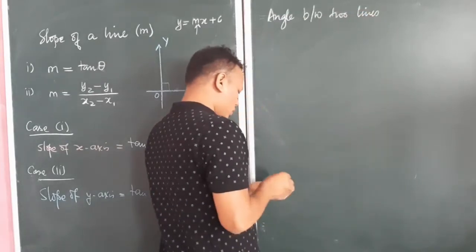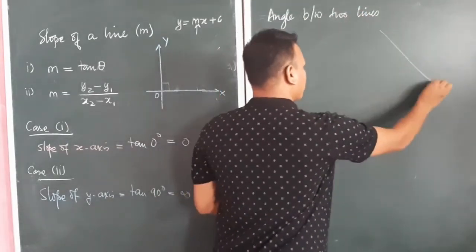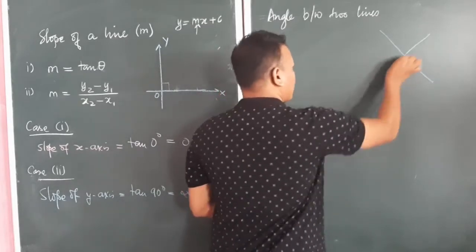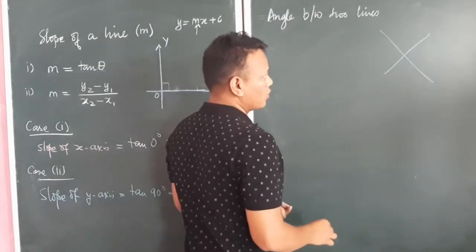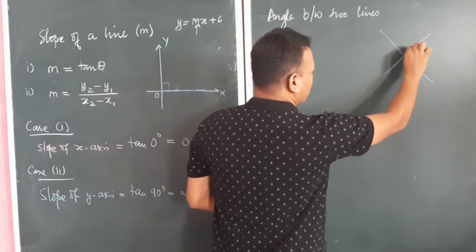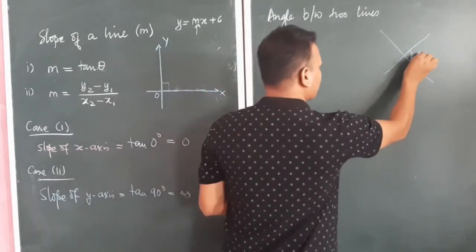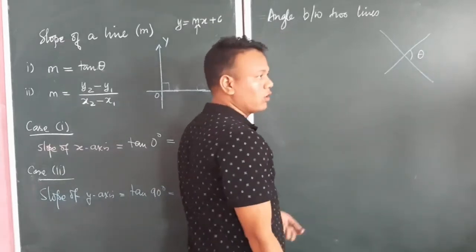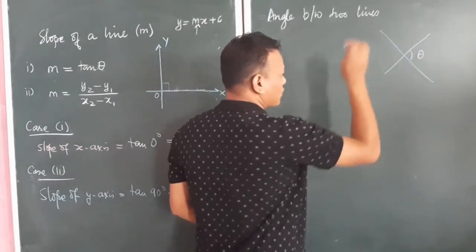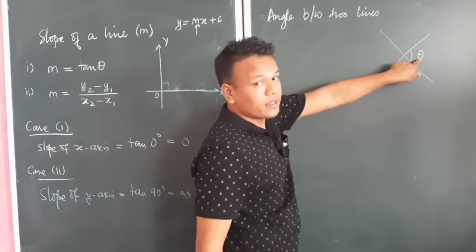If you see here, this is one line, this is another line. Here there is one angle being formed. Let me call this theta, and we want to find the value of this theta because this is the angle of inclination.